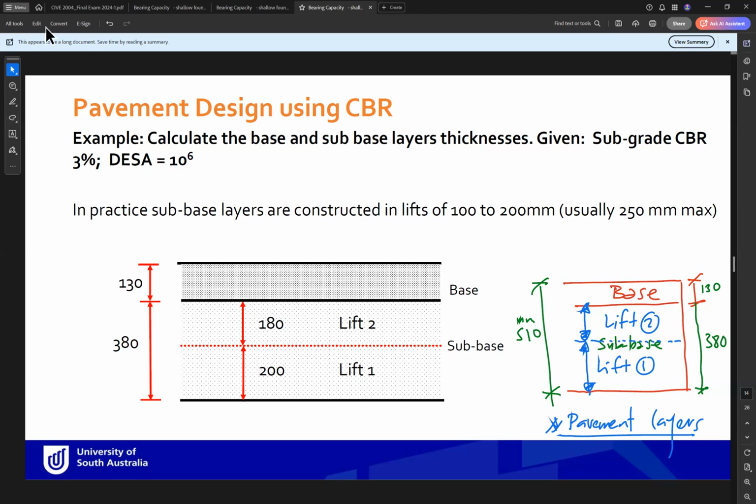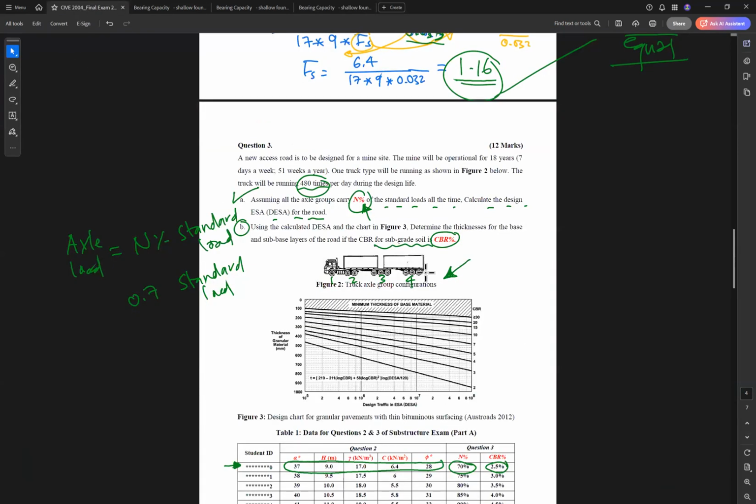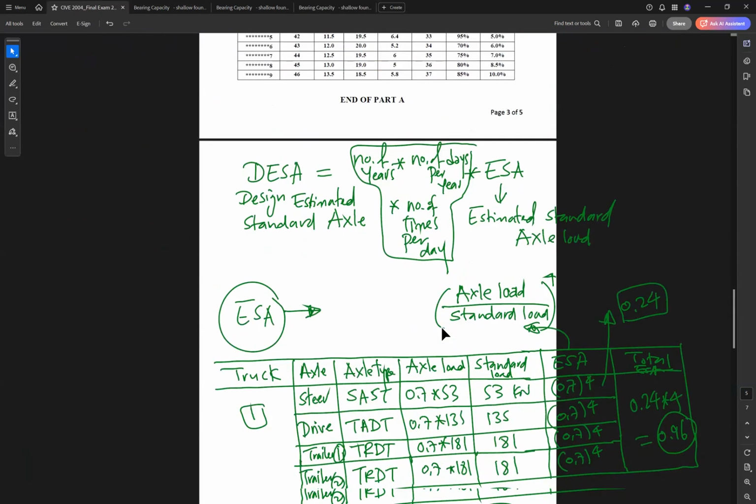Okay, so let's apply this to our example, our question in the test. If we add one more page here.